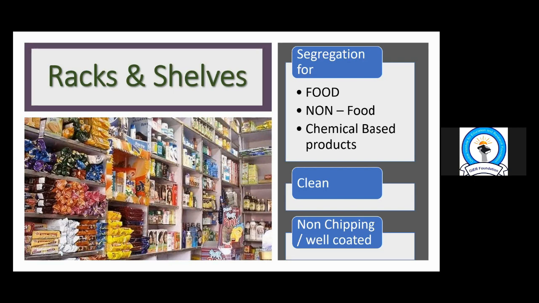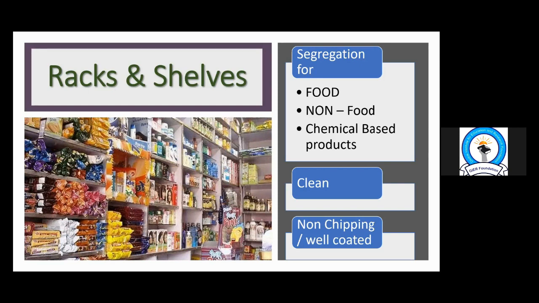So there should be segregation. Keep all food items in particular areas of the racks. For example, you have 6 racks on the front wall. So you fix in which rack you will keep only food items, and keep food items only there. Do not keep anything else, especially any chemical-based product.